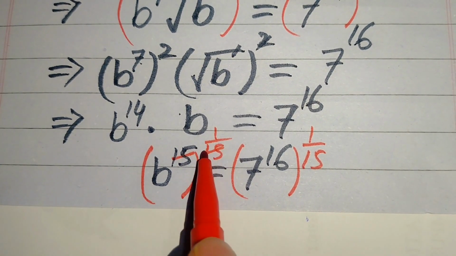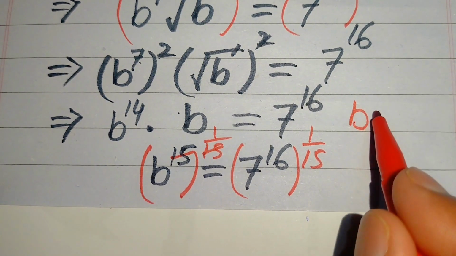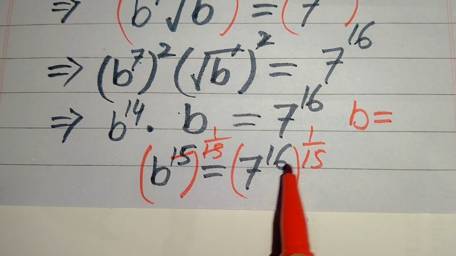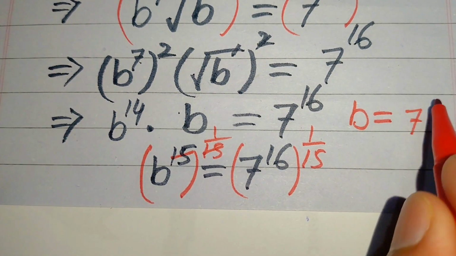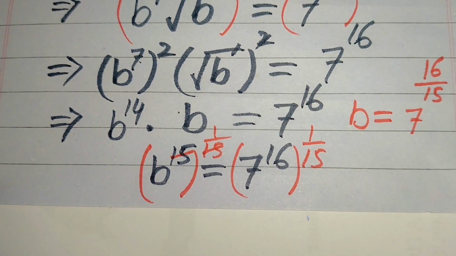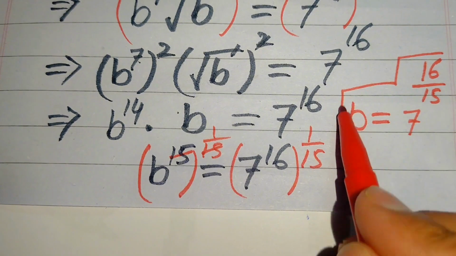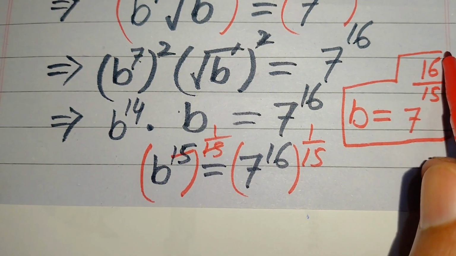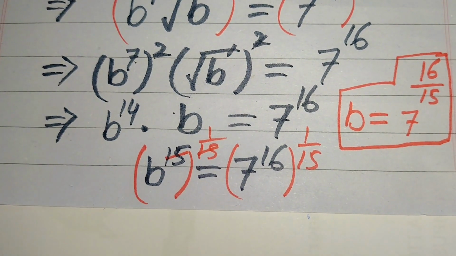You see that this 15 and this 15 are gone, and we get b is equal to, 16 multiplied by 1 over 15 is written as 7 to the power of 16 over 15. So this is our final simplified form of the given question, and this is the final answer.